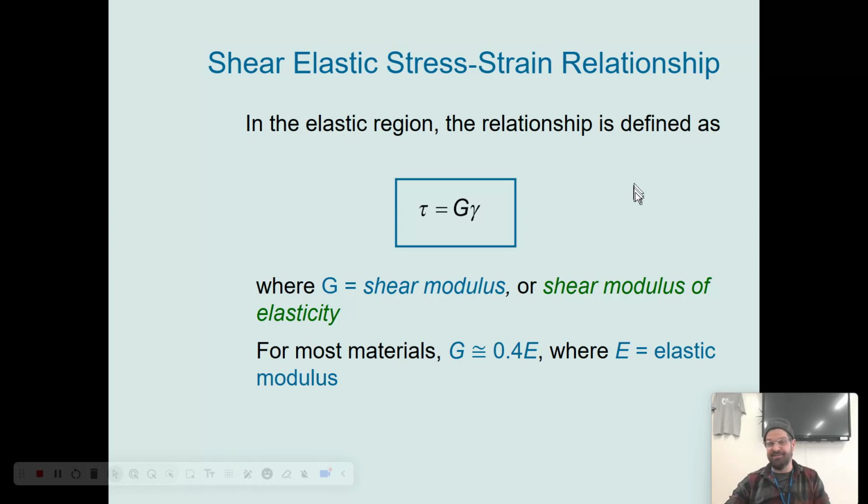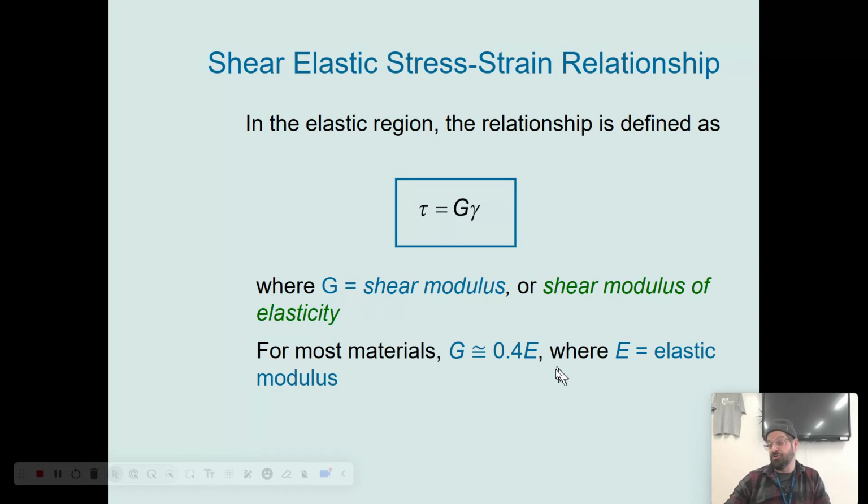I'm not going to get into this. There's a shear modulus, so just like there was a modulus of elasticity, there's a shear modulus as well. That's a typical value for any given material that measures the relationship between stress and strain for that material. For most materials, it ends up being a fraction of the elastic modulus, about 0.4 times.